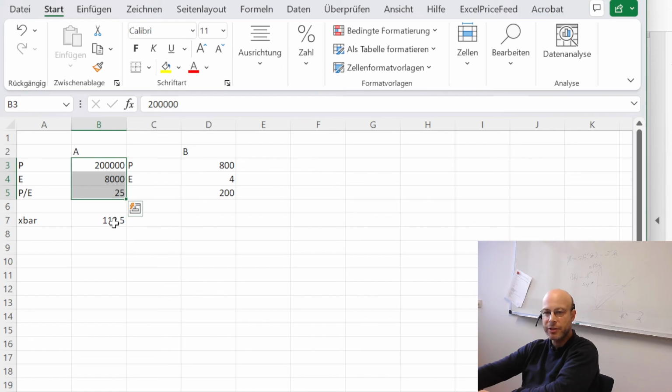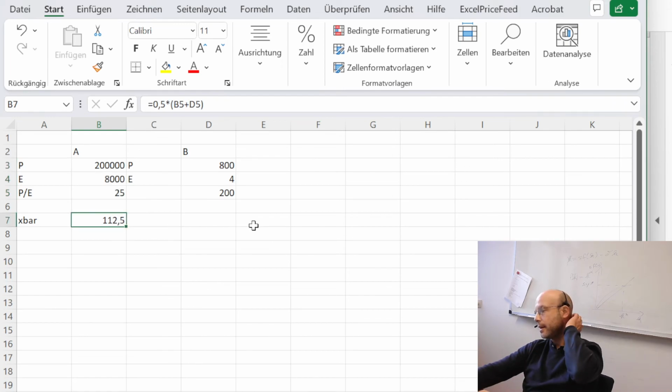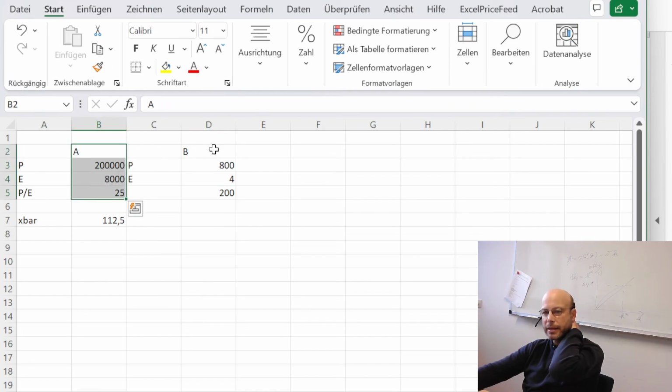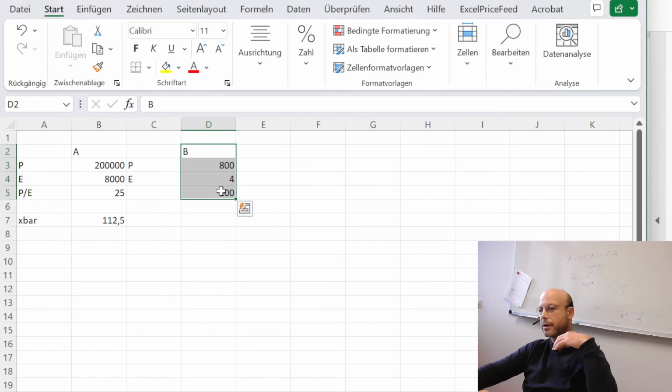But if we just take the arithmetic mean of these two price earnings ratios, then we do not consider that we have here a very large firm and here a very small firm. Therefore, in order to obtain the right price earnings ratio, we have to calculate the harmonic mean.